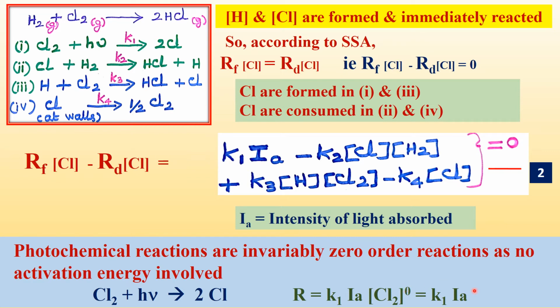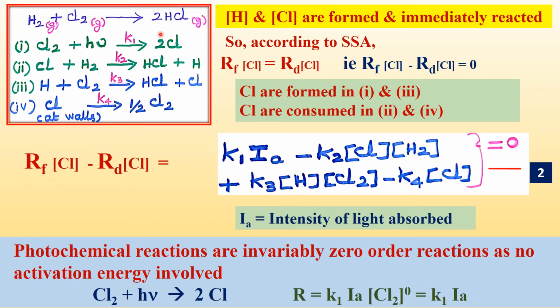Anything to the power 0 equals 1, therefore k1 I_A. Photochemical reactions are invariably zero order reactions, as no activation energy is involved. Therefore, [Cl2]^0 times k1 I_A equals k1 I_A.